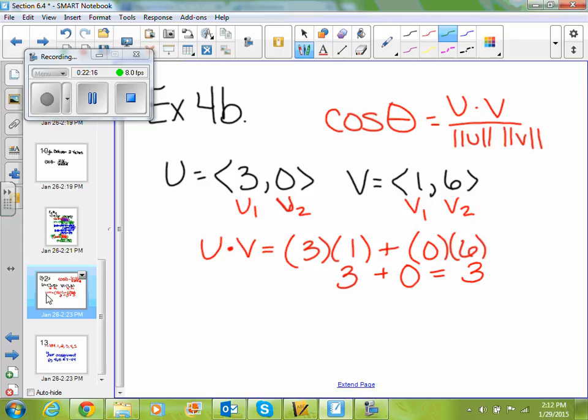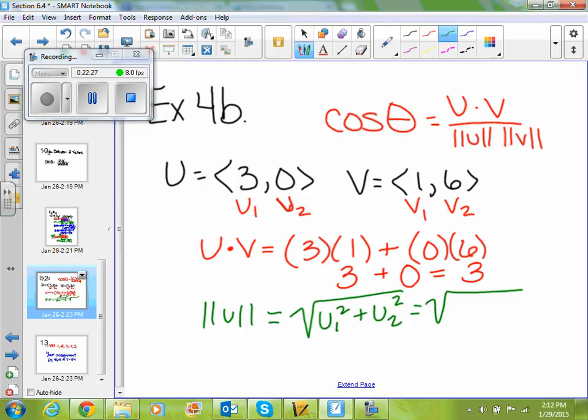To find my magnitude of U, it's the square root of U1 squared plus U2 squared. My U1 is 3, so 3 squared, plus my U2, which is 0, so 0 squared. 3 squared is 9, 0 squared is 0, 9 plus 0 is 9. Square root of 9 is 3. So my magnitude of U is 3.